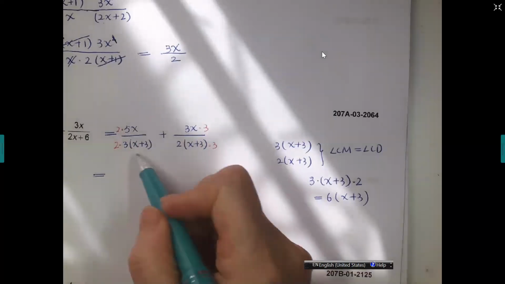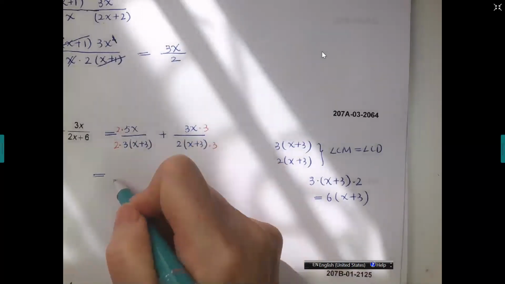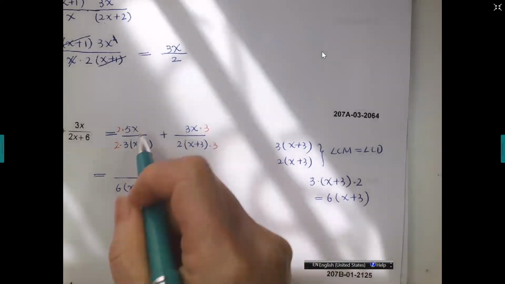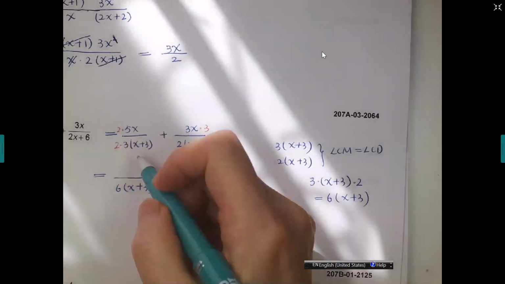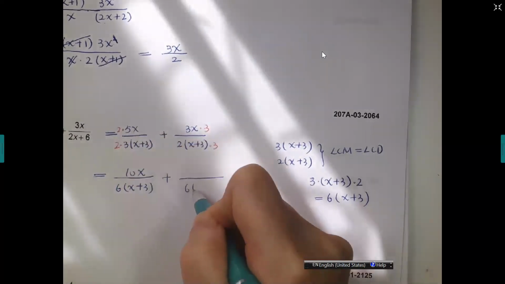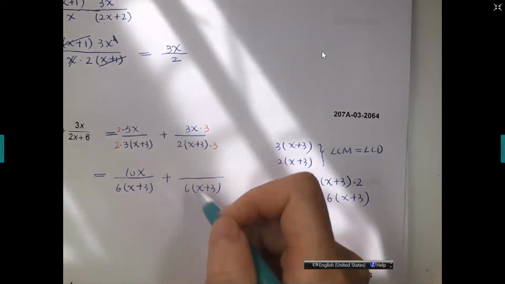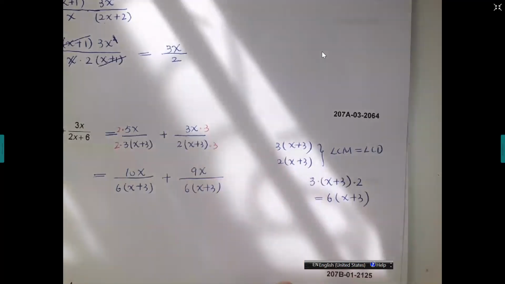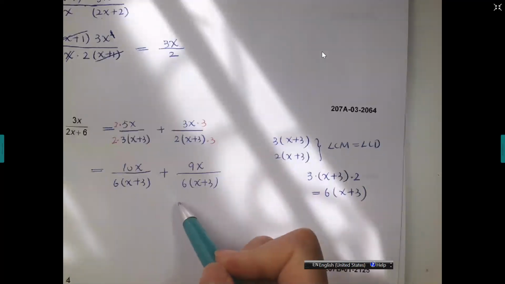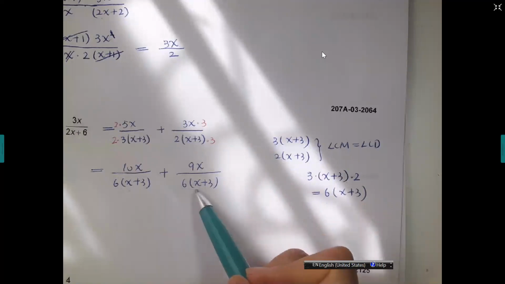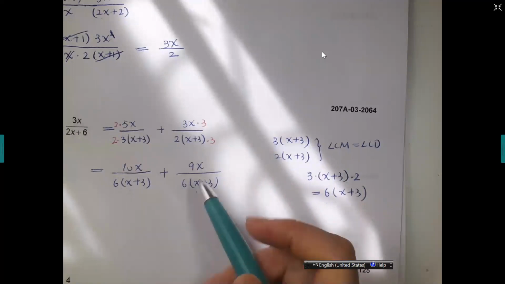Now those two denominators are both 6 times x plus 3. The numerator, 2 times 5x, turns into 10x, and in the other, the numerator turns into 9x. When we get to this step, things are easy, because those two rational expressions have the same denominator.